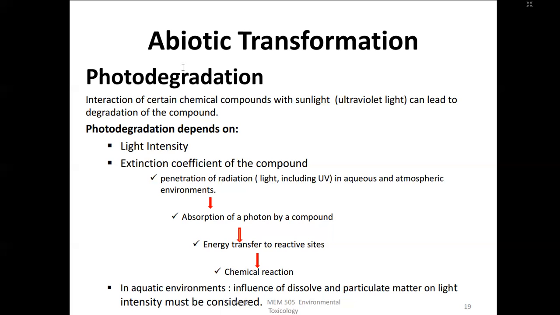Some compounds may allow light to pass through, but there is also a need for light to be absorbed by the compounds. Light may just pass through, but are the compounds able to absorb light? Let me not talk about light, let me talk about heat.